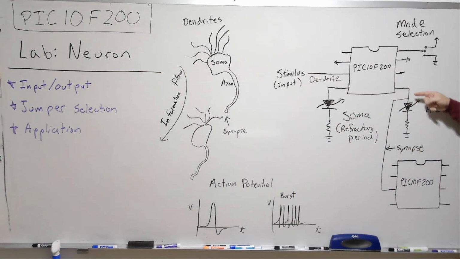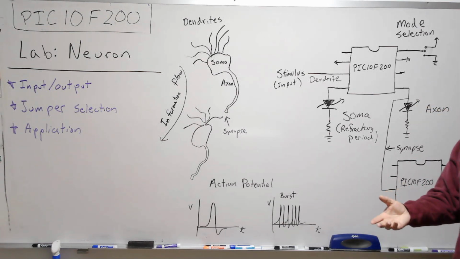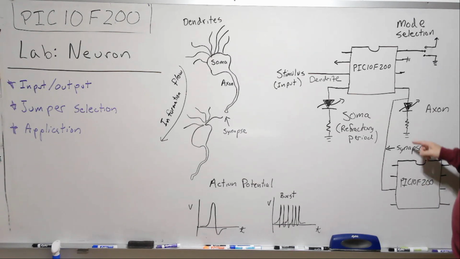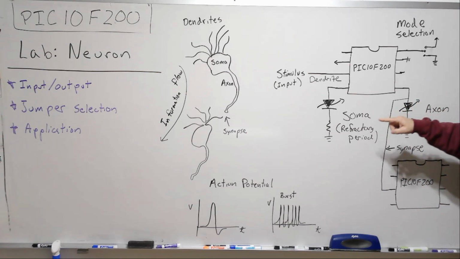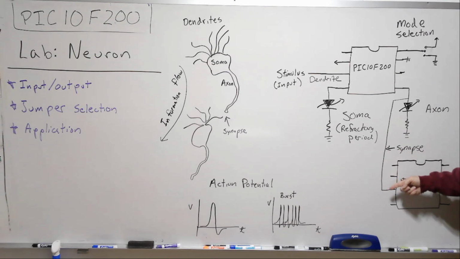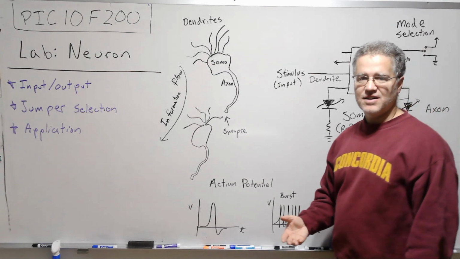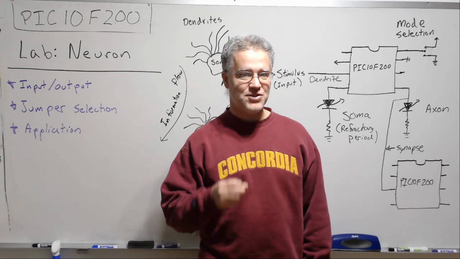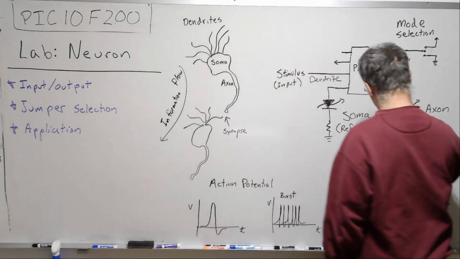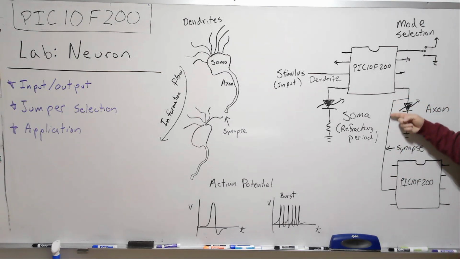The GP0 will represent the axon, and we've got another LED here that will fire either one action potential or a burst of action potentials. Then we can represent the synapse with a wire. Now, of course, this is still electrical. It's not chemical. It'd be cool to do some electrochemistry and actually have this be a chemical process. But for now, we'll just use a wire.